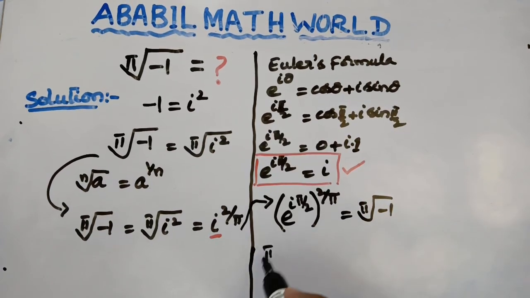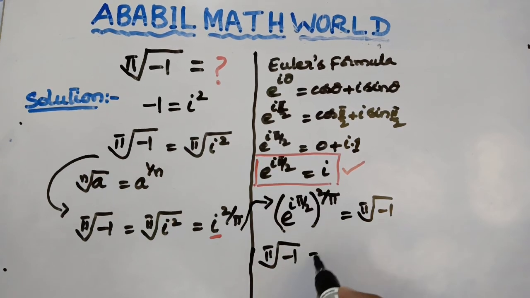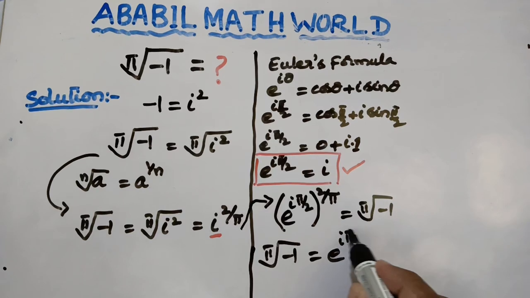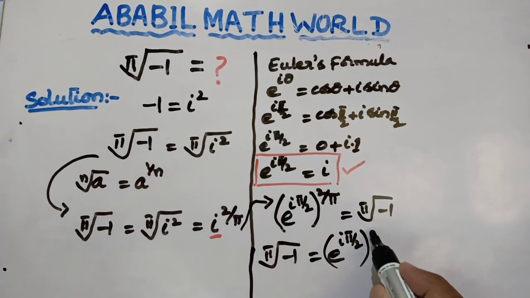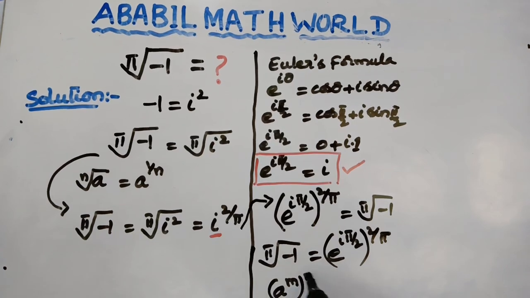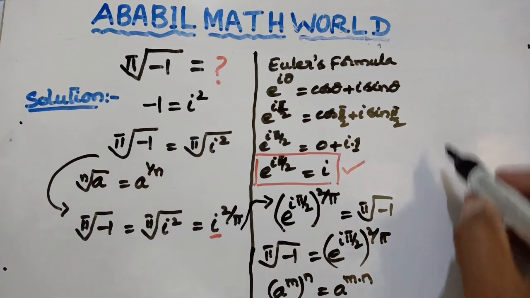Now write this in this way. The pi-th root of minus 1 is equal to e to the power of i pi by 2 whole to the power of 2 by pi. And for this right-hand side, we use the formula a to the power of m whole to the power of n is equal to a to the power of m into n.